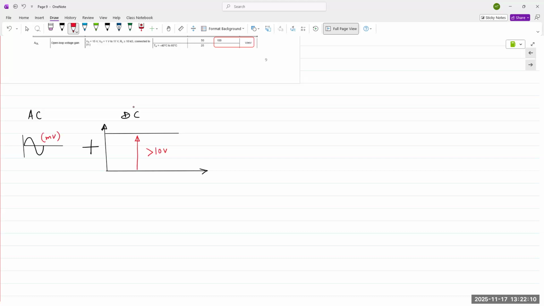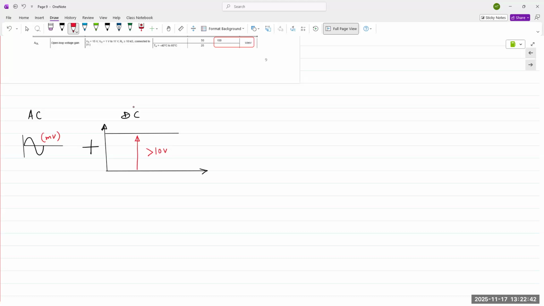So the question is, let's say an op amp has a voltage gain of 100. If we apply 1 volt to it, do we get 100 volts at the output? Let's say any kind of amplifier has a gain of 100. If you apply 0.1 volts to it, what do we expect at the output? 0.1 times 100, 10 volts.